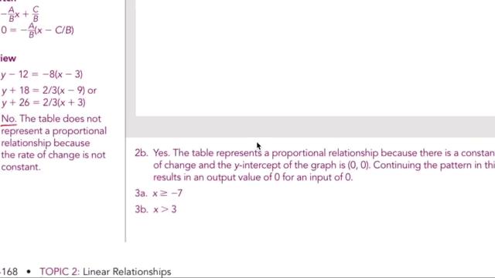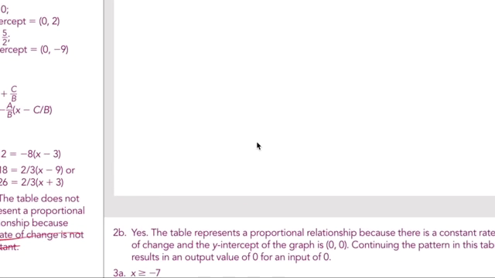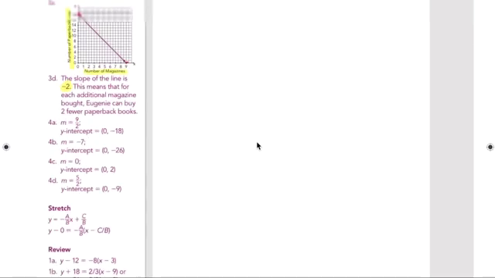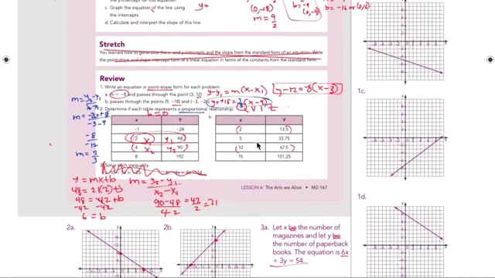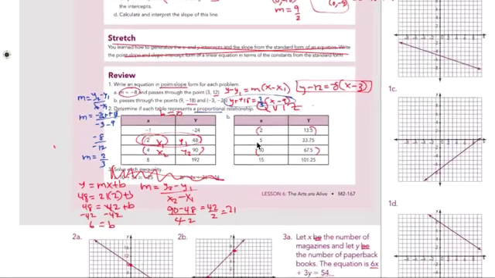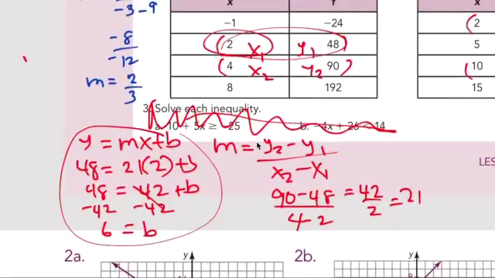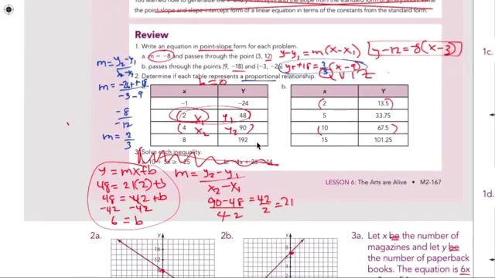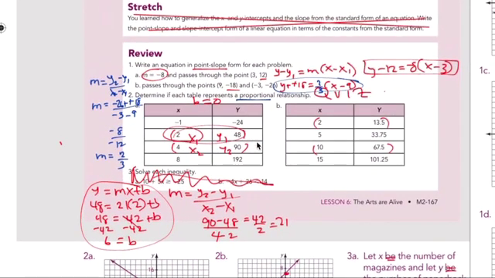The graph hits 0, 0, the y-intercept is at 0, 0, okay? So this one should be a yes when it comes out. But show the work here. Make sure you show the work there to prove it for B. And that'll be it.